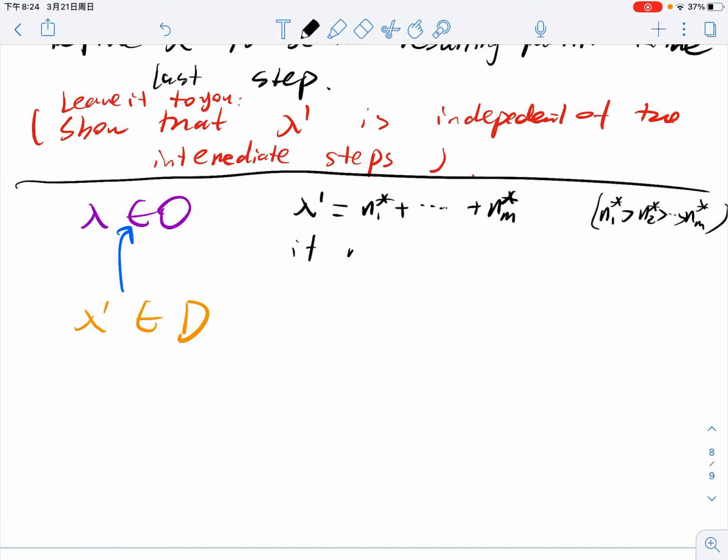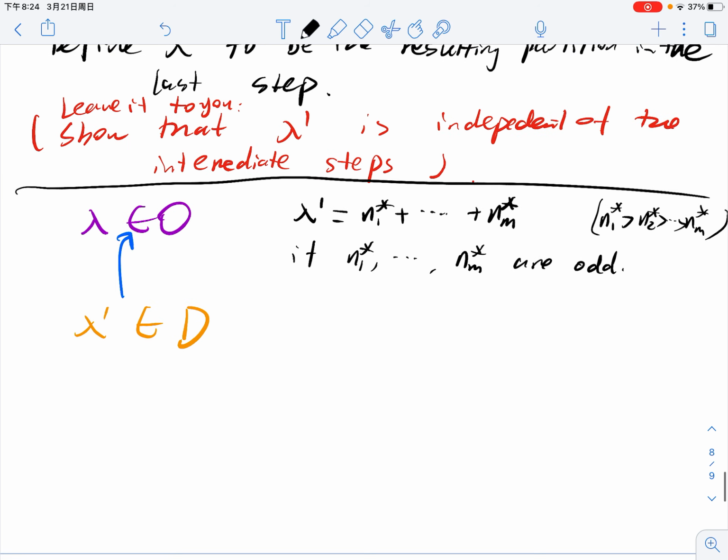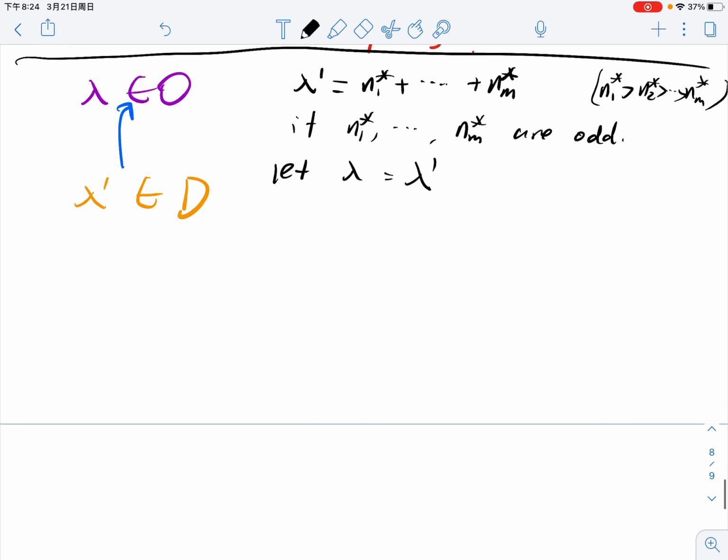If n1 star all the way to nm star are odd, let lambda just be lambda prime, because we're done, it's already an element in O.